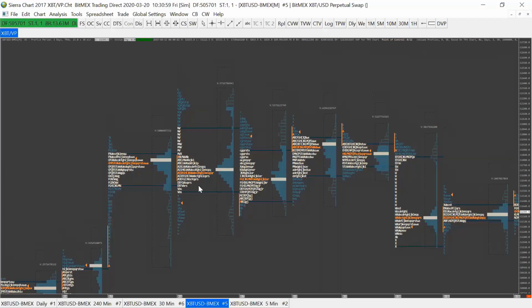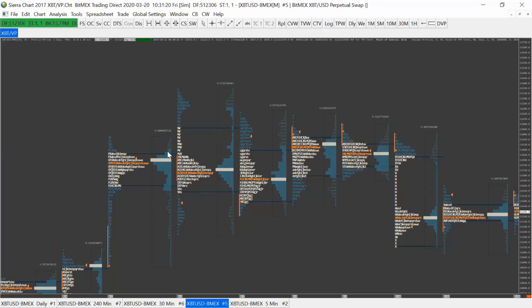The idea is that when price moves out of value and then trades back into the previous day's value area, one mechanical trade strategy you can explore is to trade it back to the other side of the previous day's value area with a stop beyond the previous day's high or low.